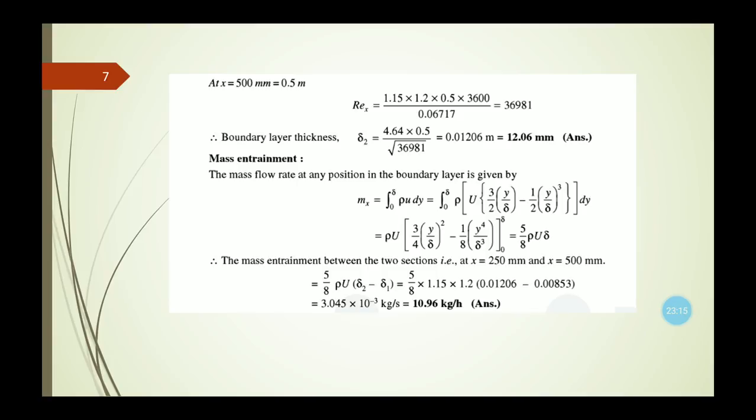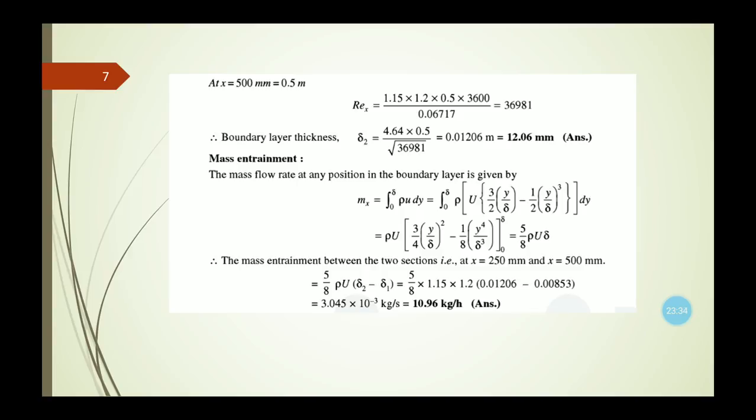So this is the procedure to calculate the boundary layer thickness corresponding to the given velocity distribution equation when x is 250 and 500 millimeter from the leading edge.